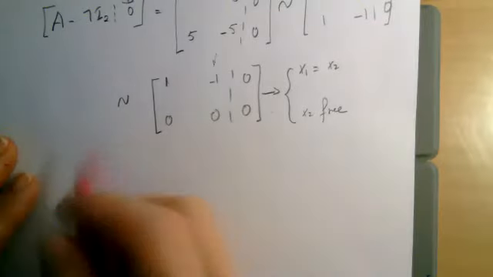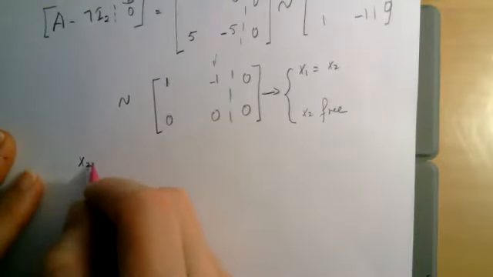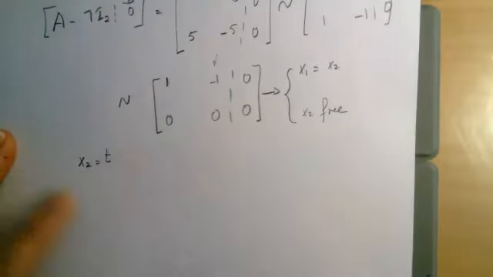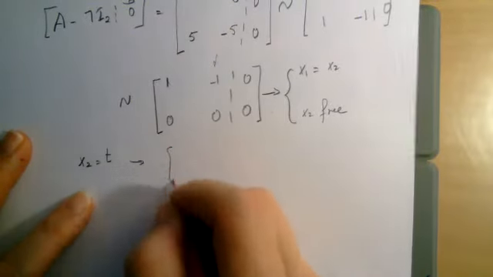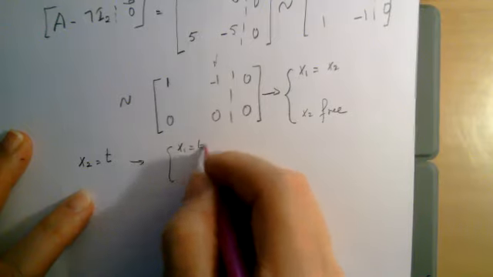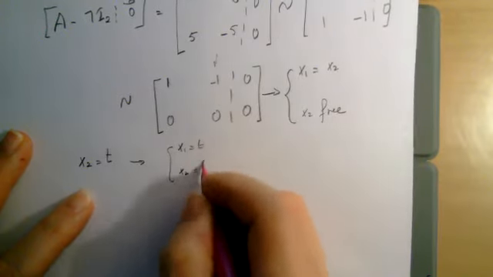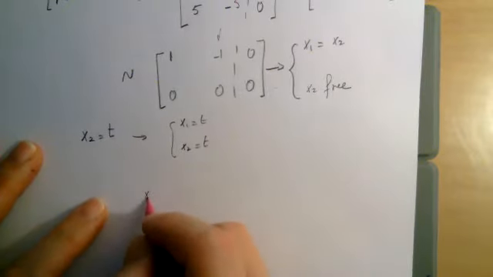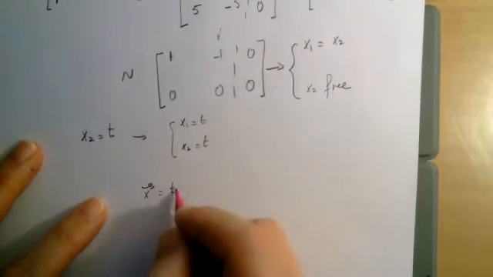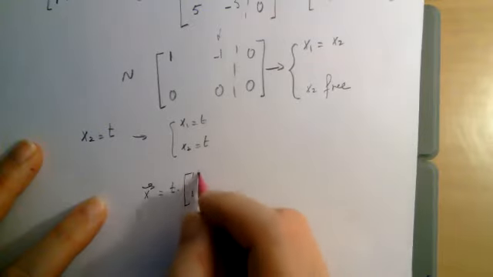That's a simple case. I can set X2 to be my T. So this gives me that X1 is T, X2 is T, and the eigenvectors have the form T times the vector 1, 1.